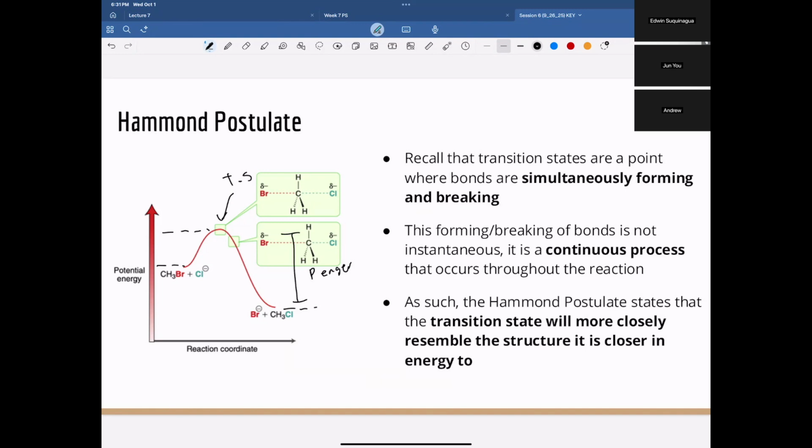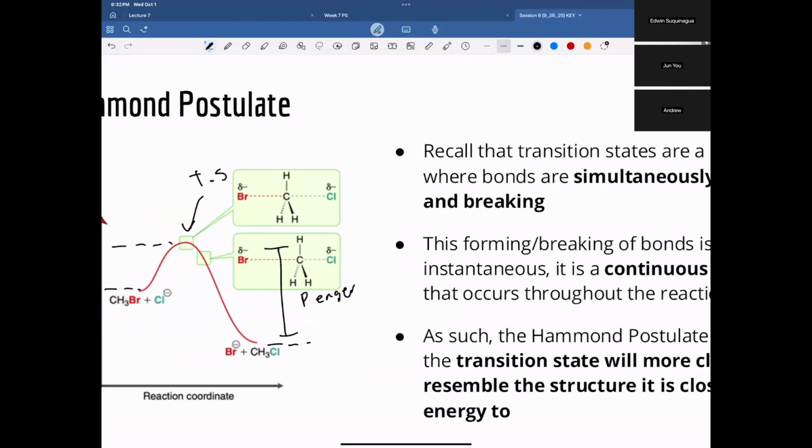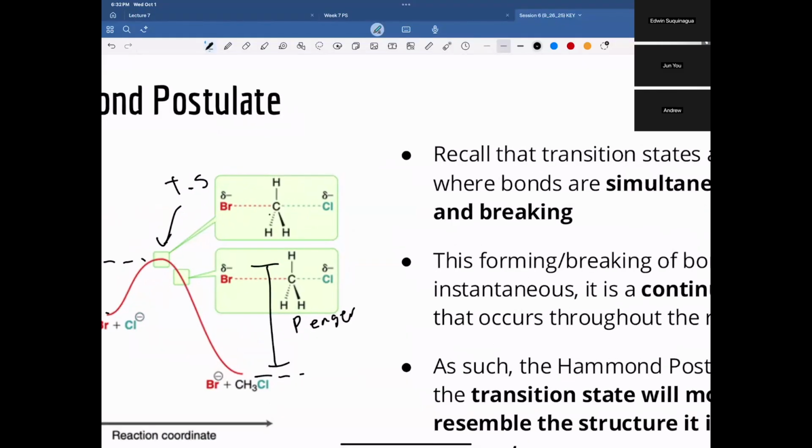Okay? And FYI, transition states are not completely reactants or completely products. They're in between. So as we can see here, in the transition state, the bromine bond is being cleaved while at the same time the chlorine bond is being formed. That's called a transition state.